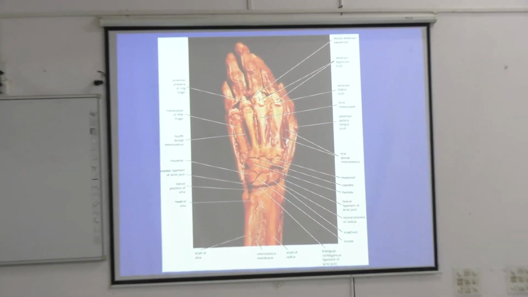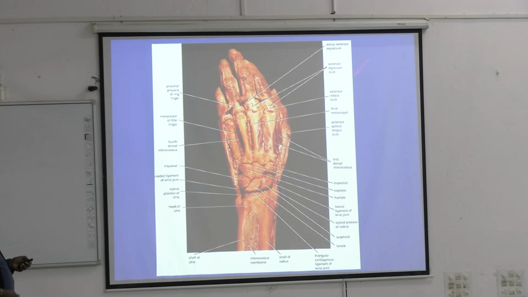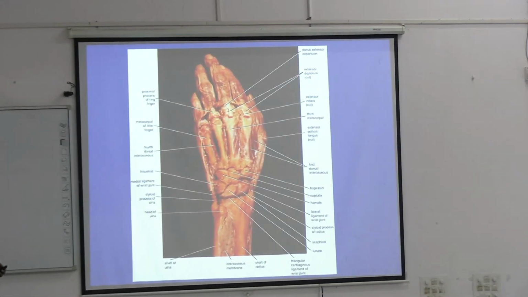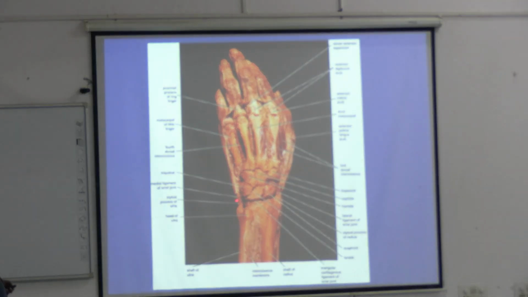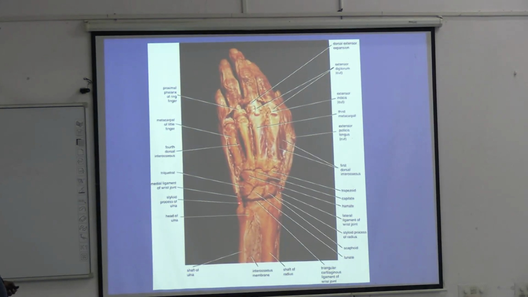Now this is the dissected specimen showing the head, and you can see the phalanges, and this is the metacarpal bone, these are the carpal bones, and you can see the medial ligament, styloid process. This is the styloid process here for the radius, and this is the lower end of the ulna.